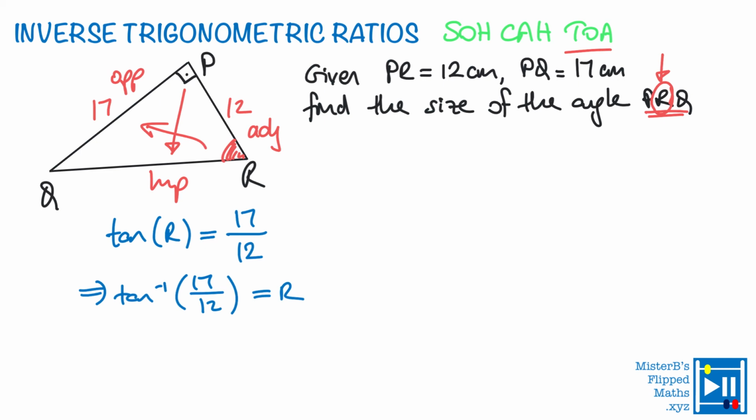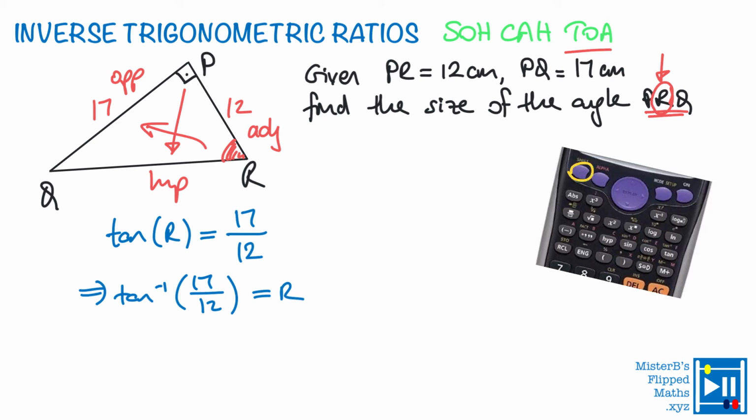I'm going to press shift and tangent so that I get tangent inverse, and then press the fraction button to write the fraction there, and when I hit equal sign I'm going to get R to be 54.8 up to 1 decimal place.